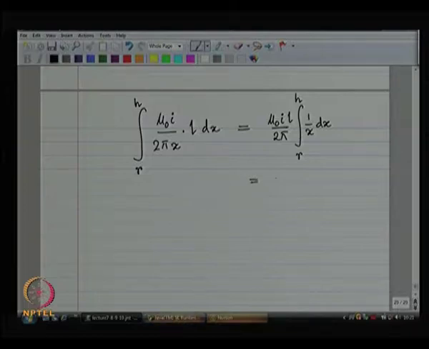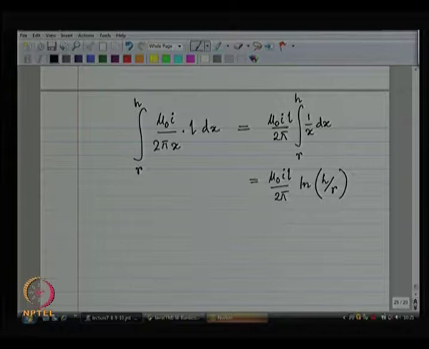So, basically what I get is something like this. So, this is the total flux because of the top current, the forward current.